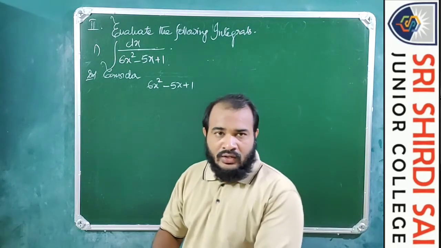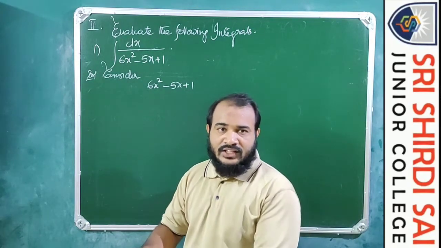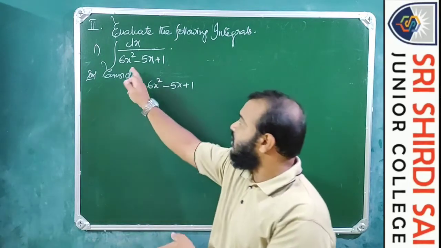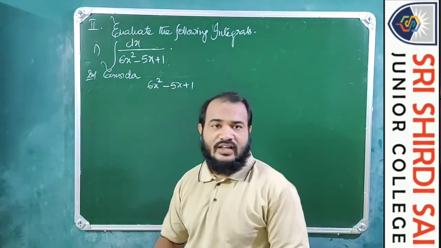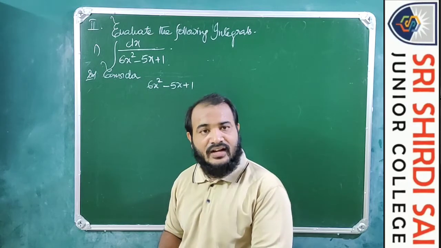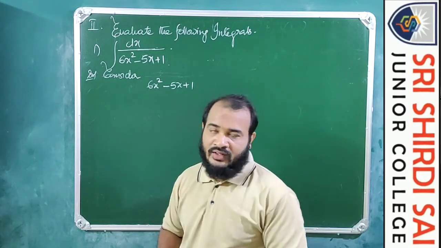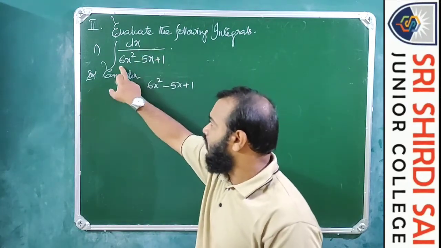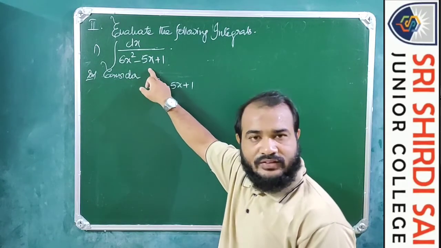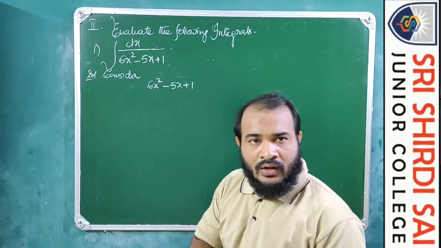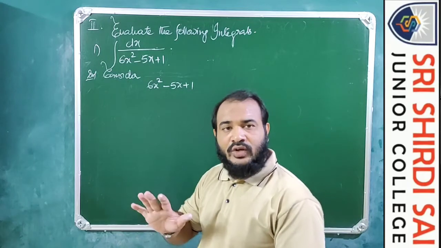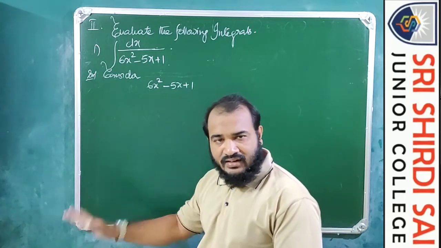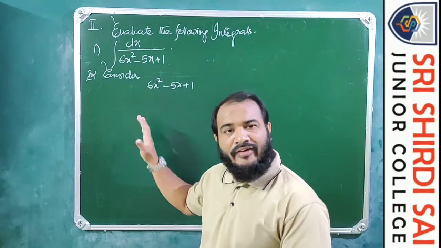If we cannot, then it is considered an irreducible quadratic factor, which falls in type 3. So simply we can write ax plus b by 6x square minus 5x plus 1. So let us see whether we actually succeed in expressing further factors or not.